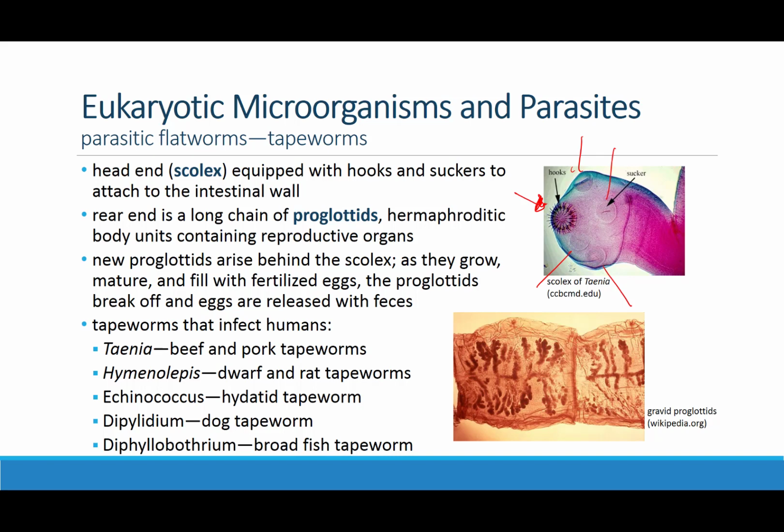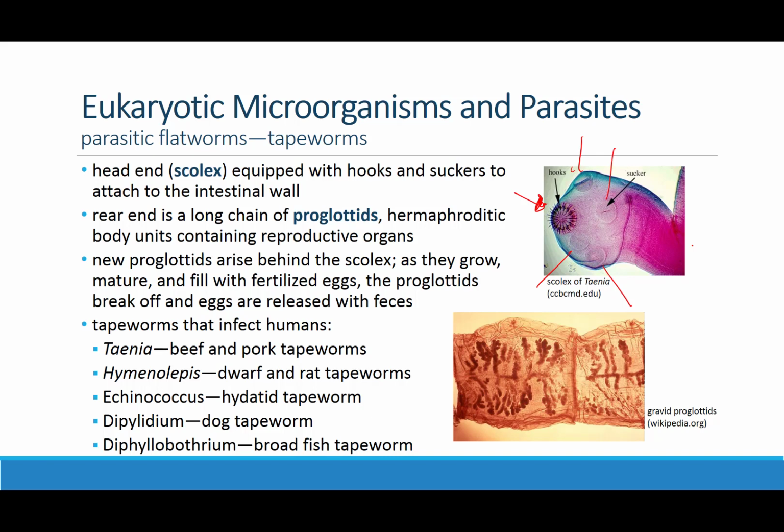Right behind the scolex is a long chain of body units called proglottids, and I'm really not using the term segments very, very intentionally. These aren't segmented worms, but they have body units called proglottids that form right behind the scolex, and they're very small there, but as more proglottids are added, the older proglottids are pushed farther and farther away from the scolex.